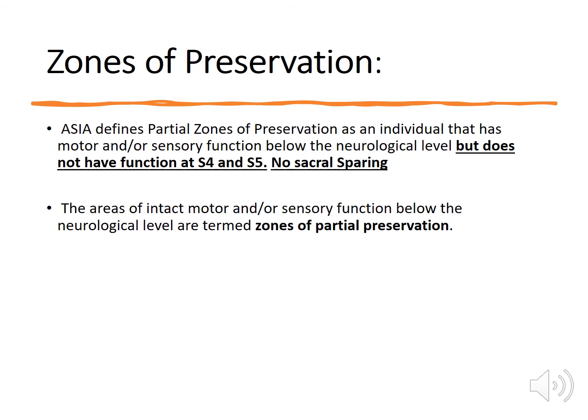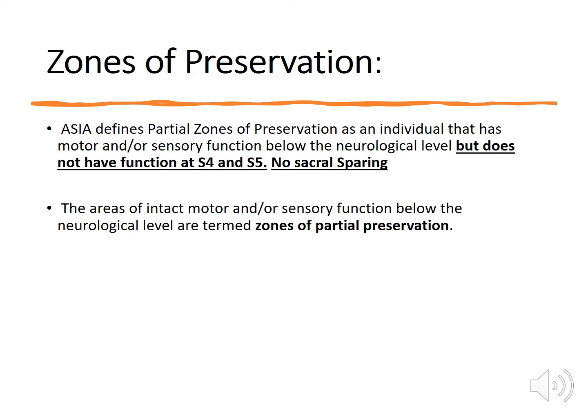So basically, it is a classification the ASIA uses for areas below the neurological level with motor and or sensory function, yet this specific patient does not have sacral sparing. So they are not able to contract their anal sphincter and they're not able to feel deep anal pressure.